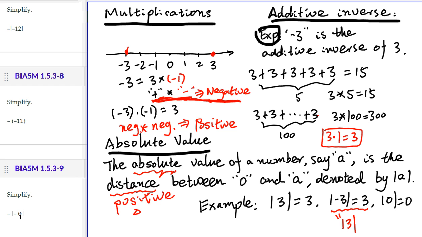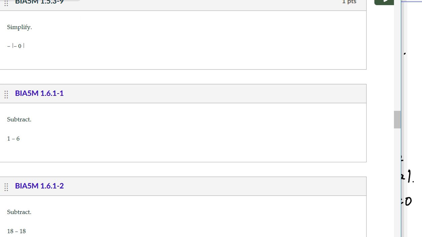Actually, we do not have a positive negative 0, but if you want to put negative sign in front of 0, it's fine. So absolute value of negative 0 is 0, but negative 0 is still 0. So we do not put negative sign in front of the 0. The answer for this one is just 0.